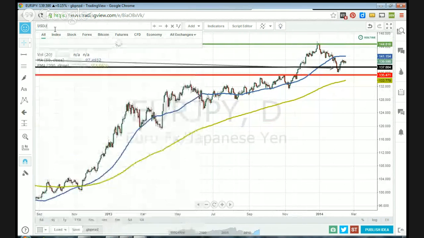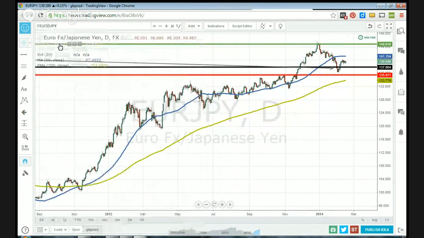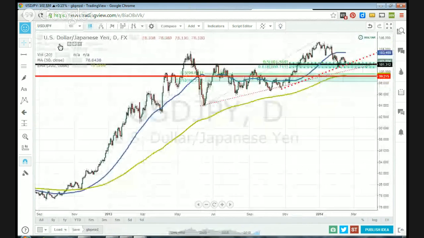Dollar yen. Enter at 101.30, stop at 99.21. Our take profit is way off the chart, all the way up at 120 or something like that. We'll zoom out to the monthly and we'll see it.